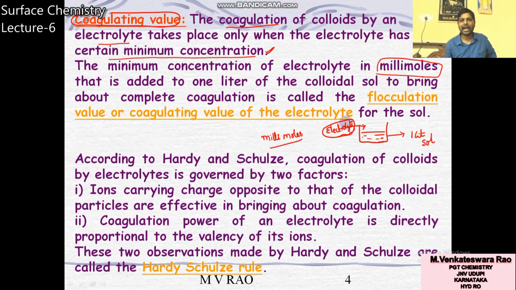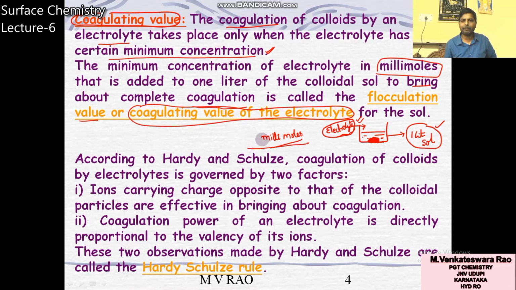to start and bring about complete coagulation, is called the flocculation value or coagulating value of the electrolyte. How to define the coagulating value? You take 1 liter of colloidal sol. To convert this 1 liter of sol into precipitate, complete coagulation, some amount of electrolyte is needed.